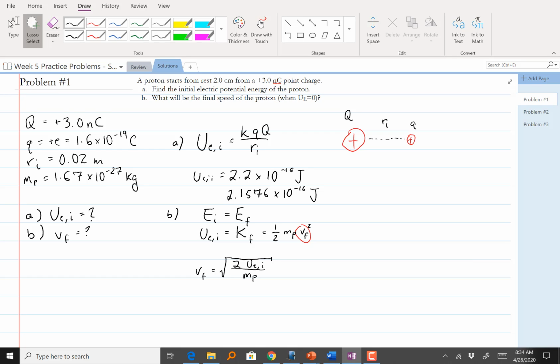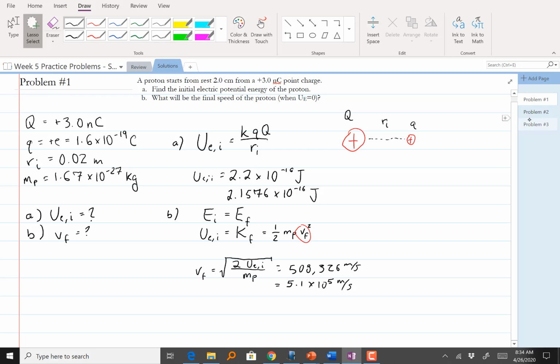And when I do that, I should get a final speed of 508,326 meters per second, or again, in 2 sig figs, 5.1 times 10 to the 5th meters per second.